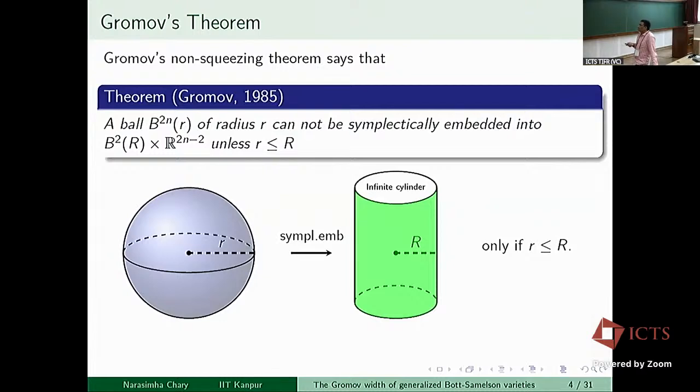This is the infinite cylinder, and this is a finite volume ball. You think you can squeeze it like this and embed it there, but what Gromov's theorem says is that you cannot, unless the radius of the ball is less than or equal to the radius of the cylinder.